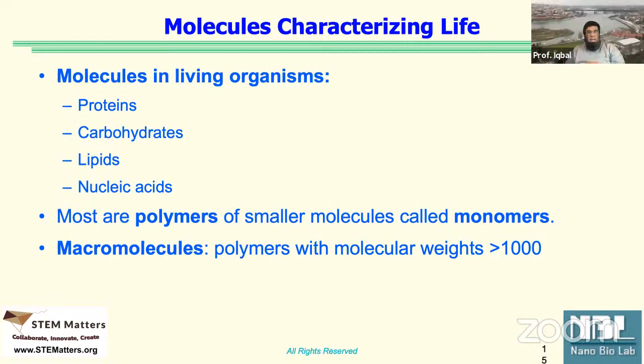All right. So many smaller molecules come together in a long chain. We call it a polymer, right? Those individual parts we call monomers. These are concepts which you know, but when you read biological literature or nanobio papers, you will encounter these words, monomers or polymers, so you have to understand what they mean. When these molecules come together and their molecular weight is more than 1,000, we call them macromolecules.